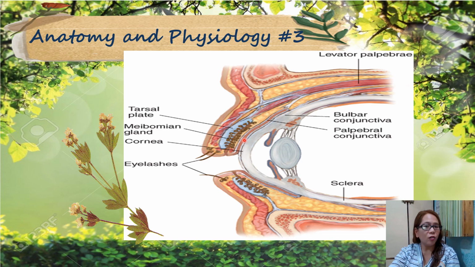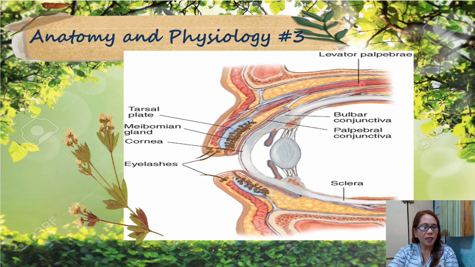Okay, so moving on to this image. This is a sagittal section of an anterior eye with eyelids closed, and these are the structures. We have the tarsal plate. It is a form of connective tissue that lies within the eyelid. Okay, and we have the levator palpebrae.